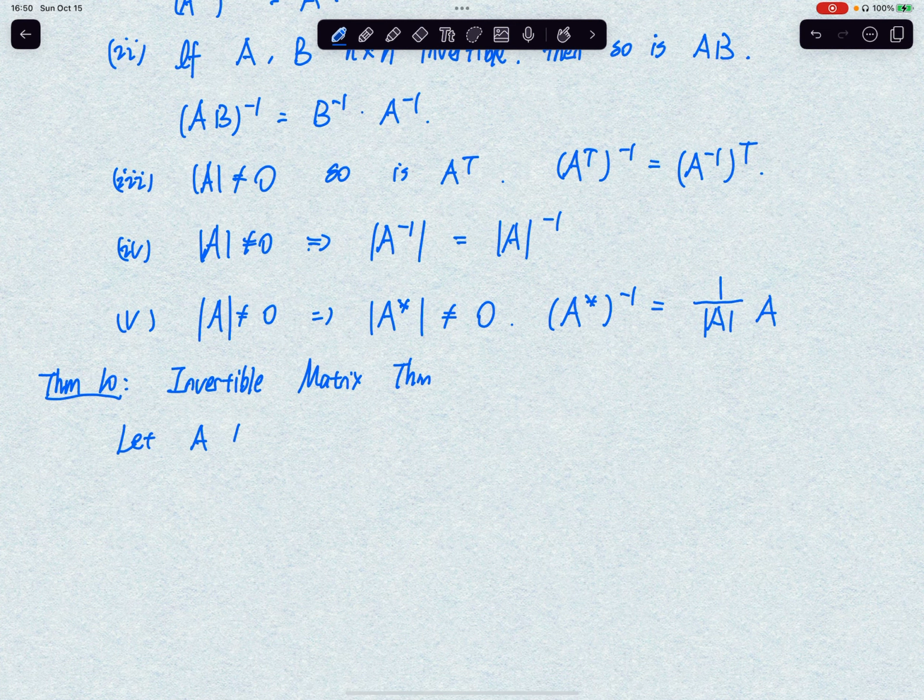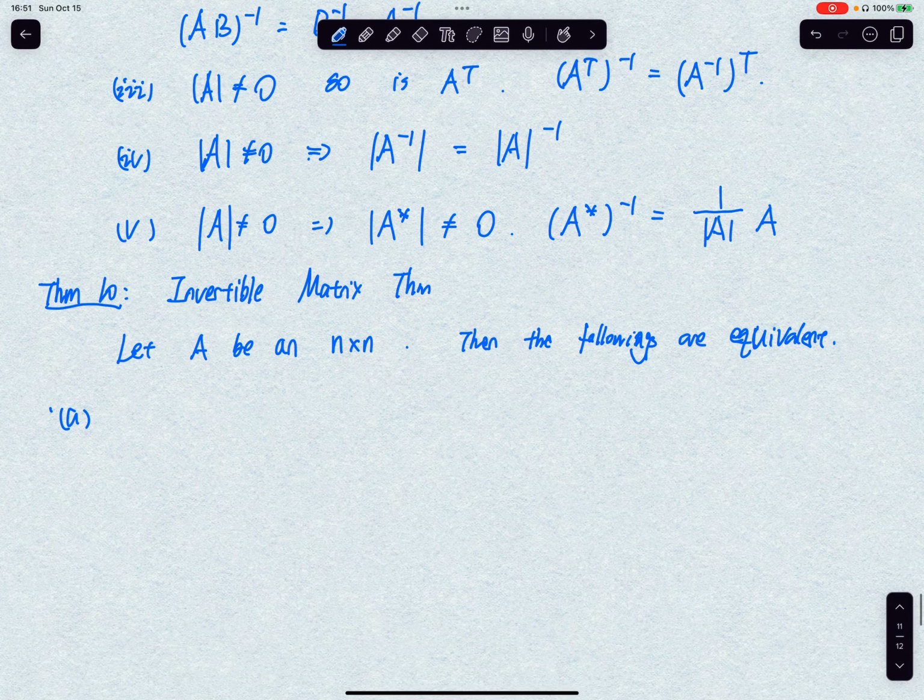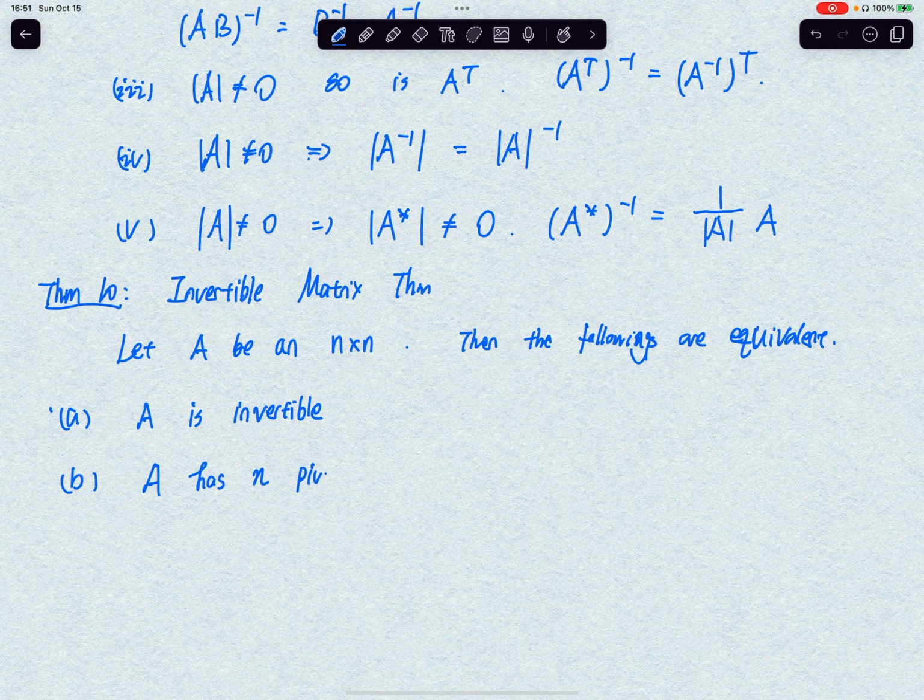So if we let A be an n by n square matrix, then the following are equivalent. First, A is invertible. Second, A has n pivot positions.